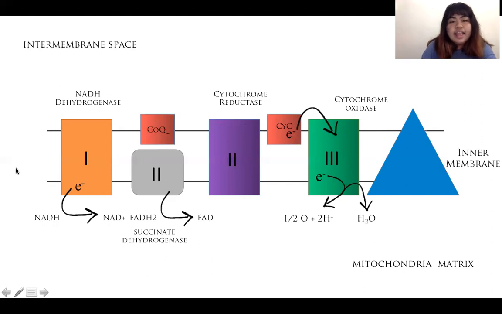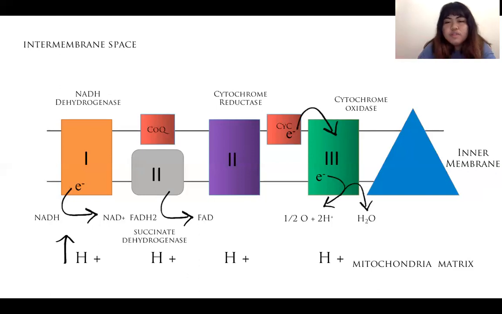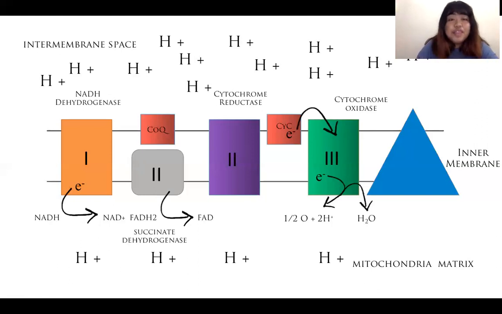And as the electrons pass through the ETC, through each of the complexes, they have this electric energy that pumps protons from the mitochondrial matrix all the way to the intermembrane space. Because the electrons have energy, as they pass, they take the protons up to the intermembrane space.